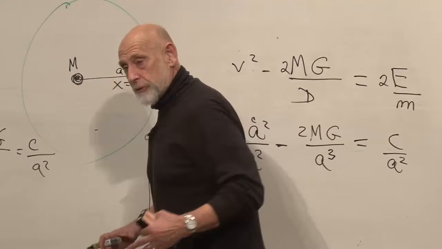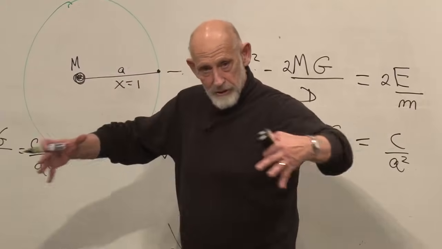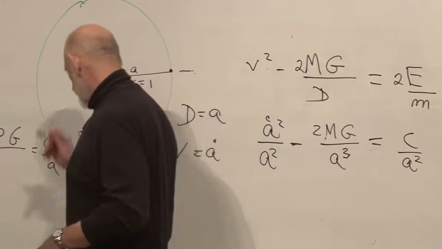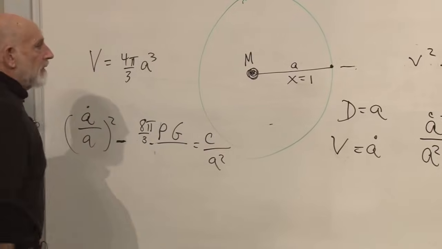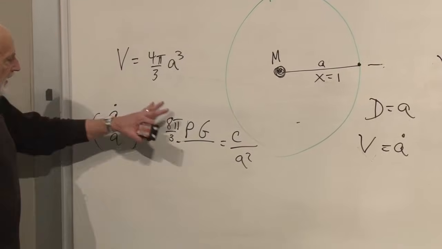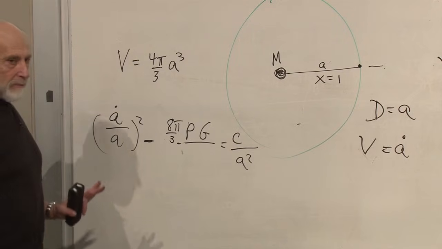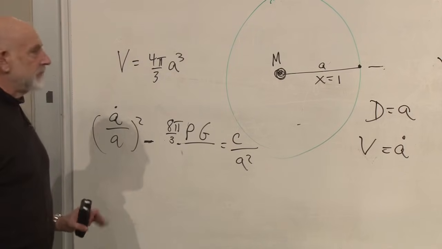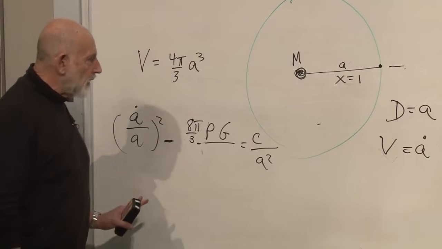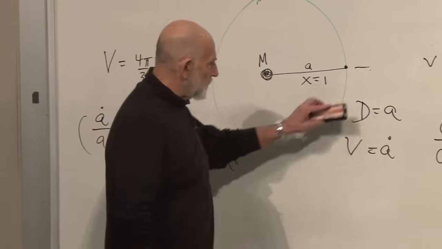And that's the situation where you expect everything to go out a ways and then come back and crash. So we now have a new equation, the Friedman equation for non-zero energy. The energy can be positive or negative, both are allowed, total energy.